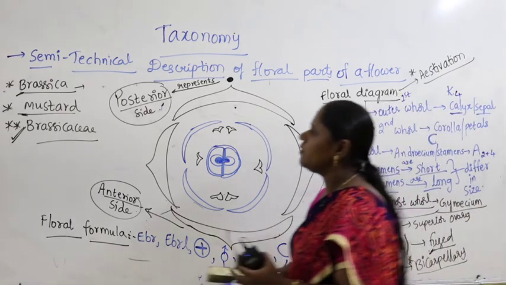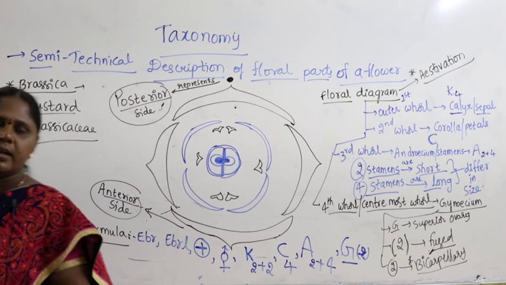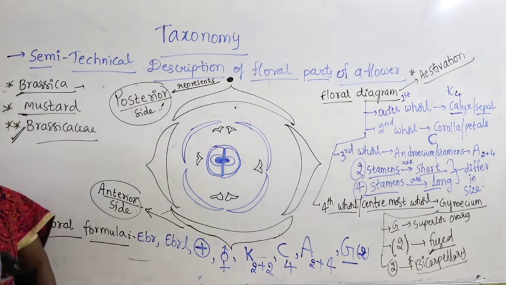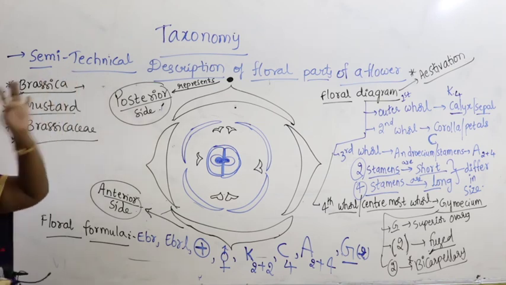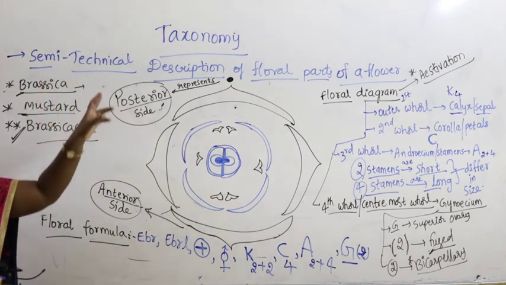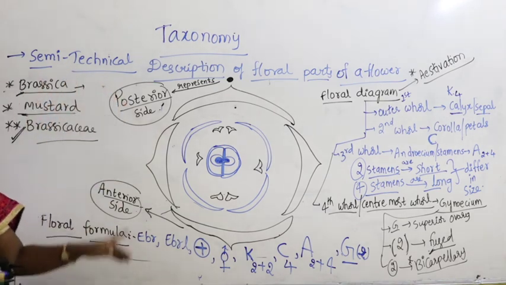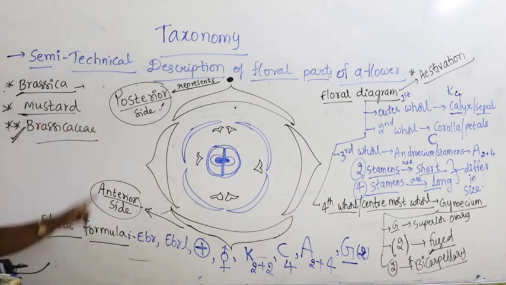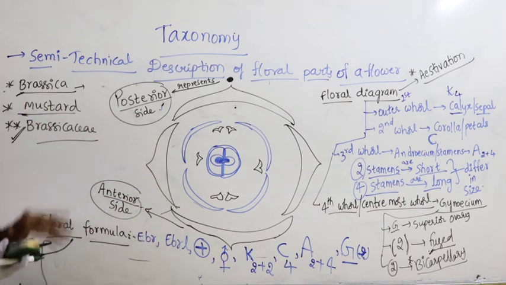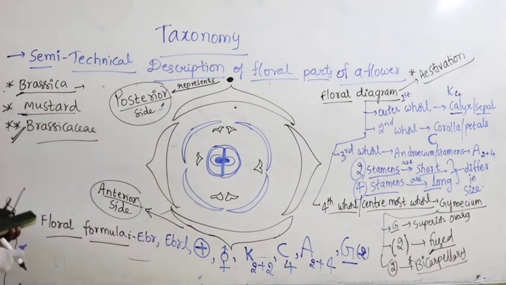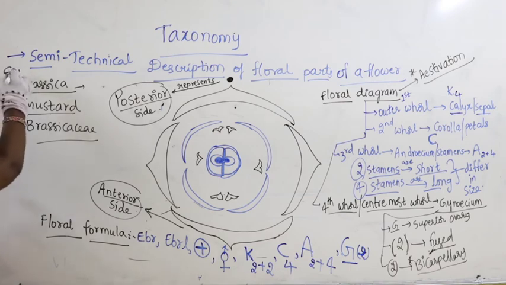So this is nothing but what we call the floral diagram, and down we have written the floral formula, right. So let us talk about the semi-technical description, meaning partially, with some characters we are trying to describe with the help of the floral formula and floral diagram. So what is the example we have chosen? This floral diagram is for what? Brassica. The diagram we have drawn on the board is for Brassica.